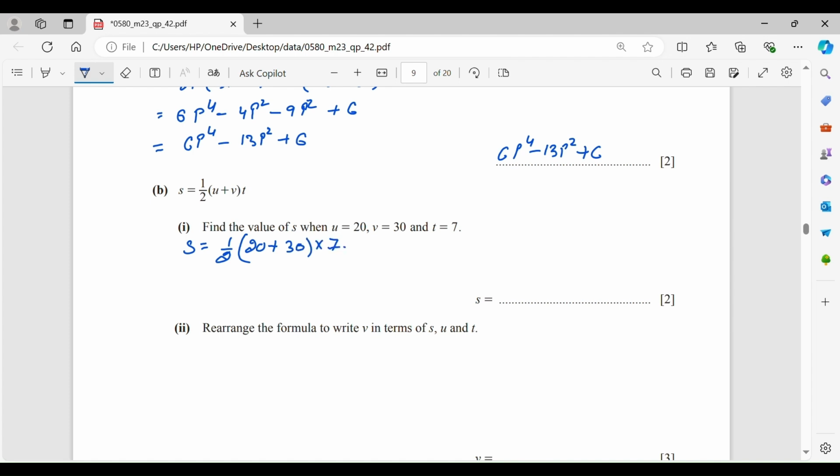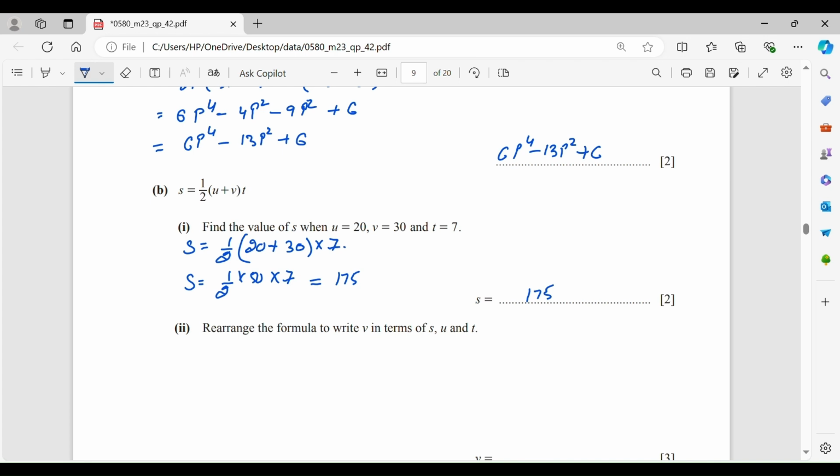So we will use a calculator. s will be equal to 1 by 2 into 50 into 7. We use the calculator and find the value, 175. So this will be our answer, 175. Next, rearrange the formula to write v in terms of s, u, t.